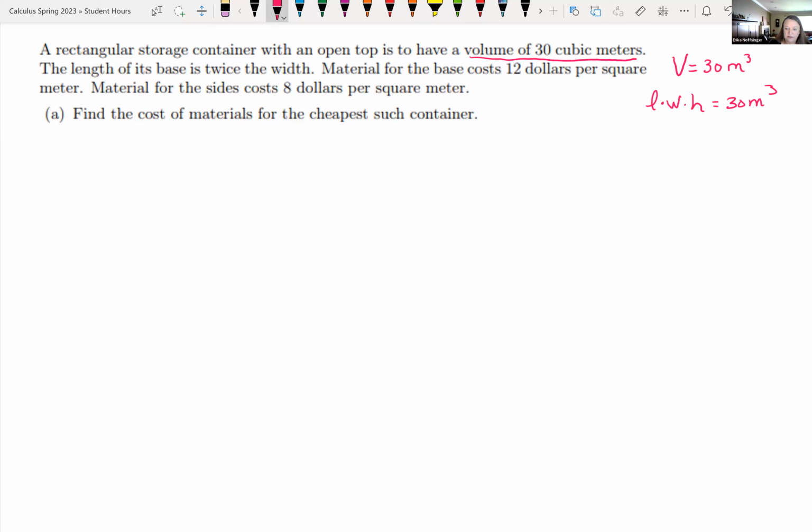Okay, so now looking at this, it tells me that the length of its base is twice its width. So my length is equal to 2 times W. I'm not very good at 3D, but I'm going to attempt it.